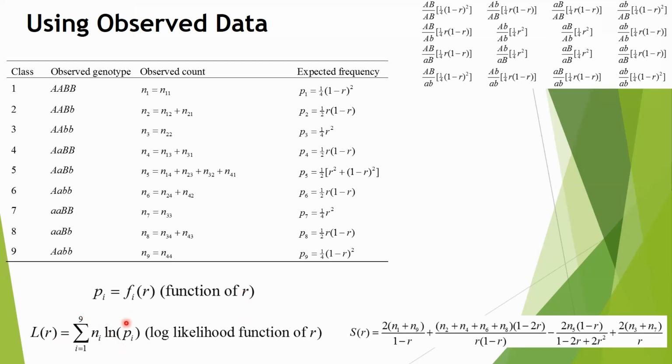But now, since we only observed the 9 genotype categories, the log likelihood function consists of the sum of 9 terms. This is how we write the log likelihood function here. And so we do the same thing.